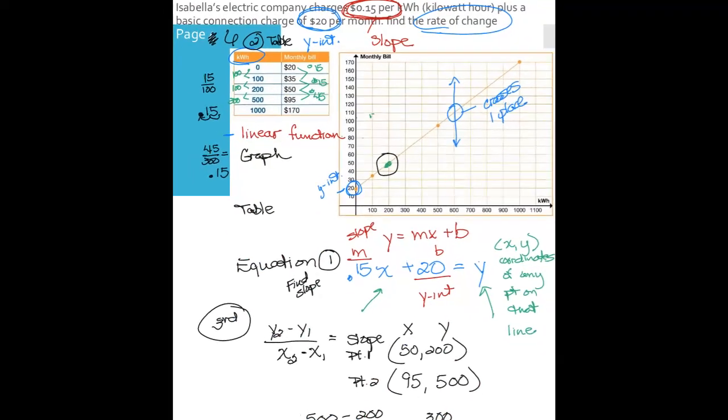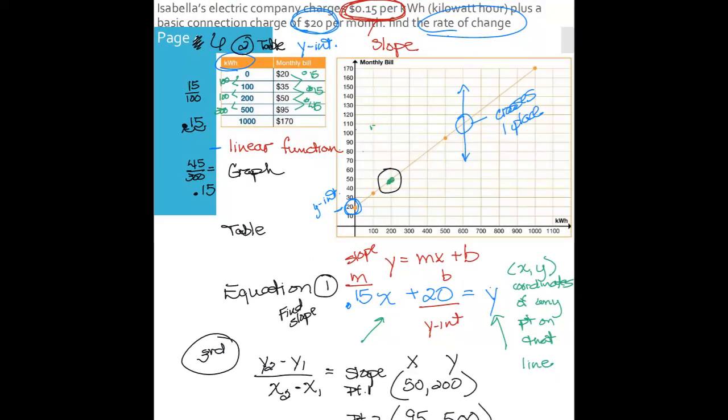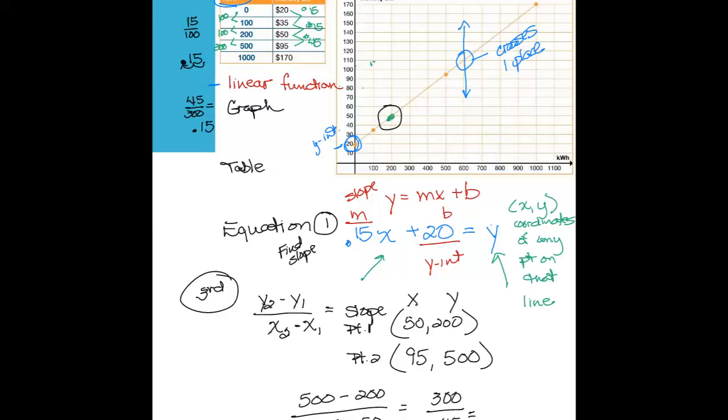How embarrassing. What is my x value here? I got them in backwards. It should be 250, correct? Your x value here is 200, and the y is 50. So my point 2, I was like, that is not going to work, is 500 and 95?